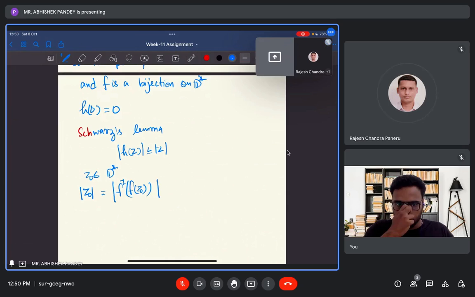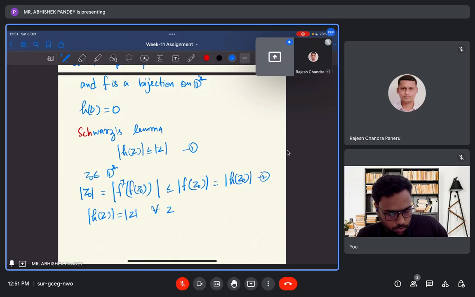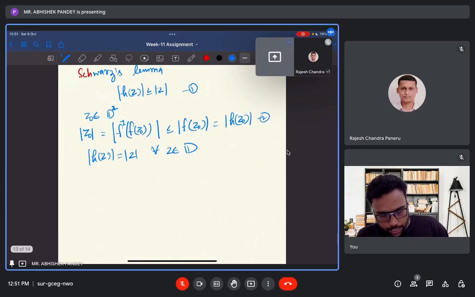So this will be less than or equal to mod of f of z naught, which means modulus of h of z naught. So by 1 and 2, we have modulus of h(z) is equal to mod z for all z belonging to T. So basically h(z) is what? A rotation.